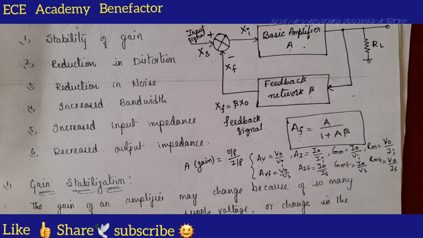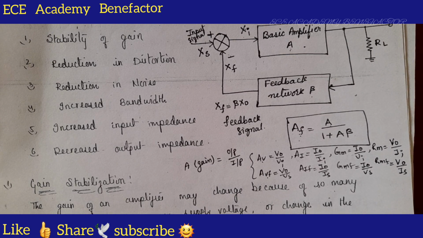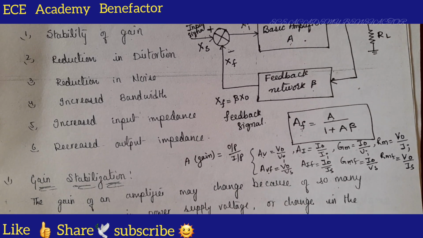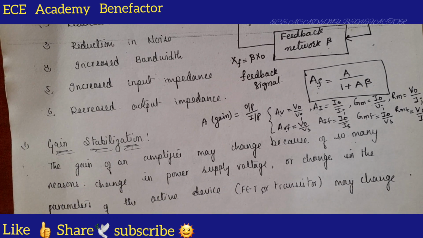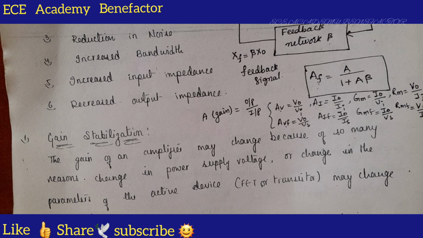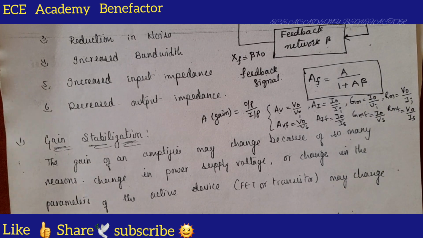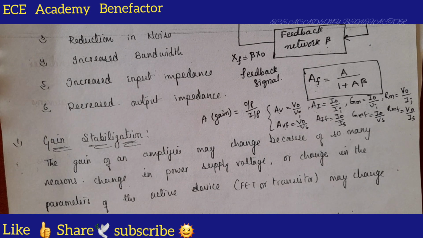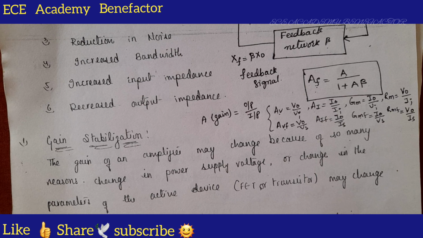So, the basic need for an amplifier is the gain should be stable, it should not fluctuate or it will create annoyance to the audience, because amplifiers are generally used in public addressing systems. So, the audio output must be clear enough, that is the amplified voice must be clear enough, it should not be annoying.